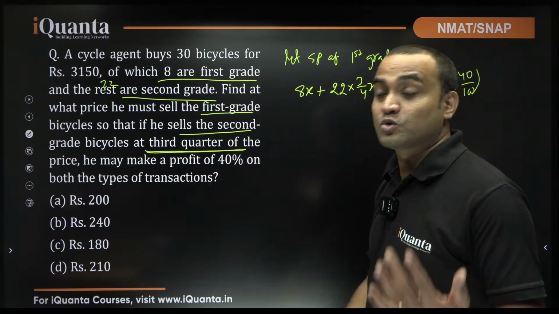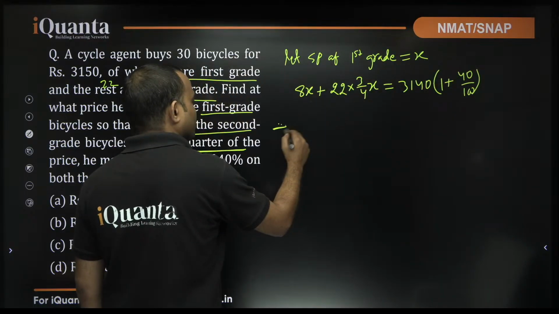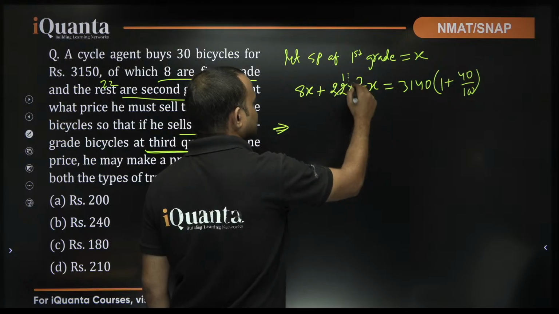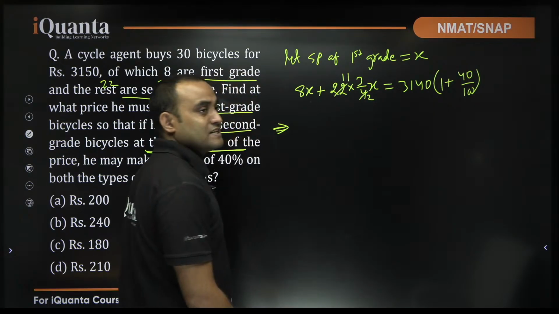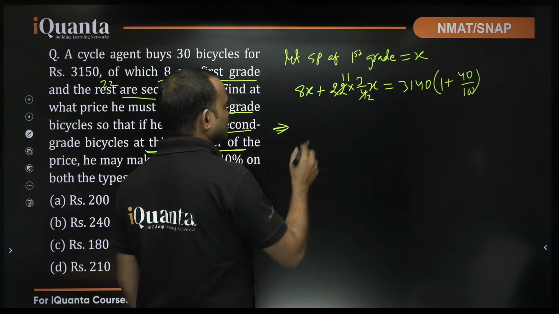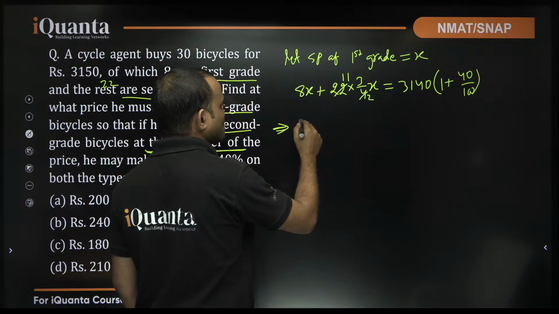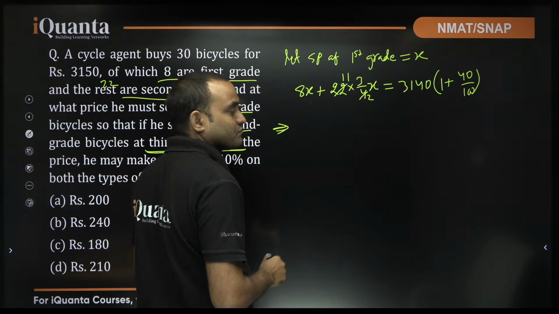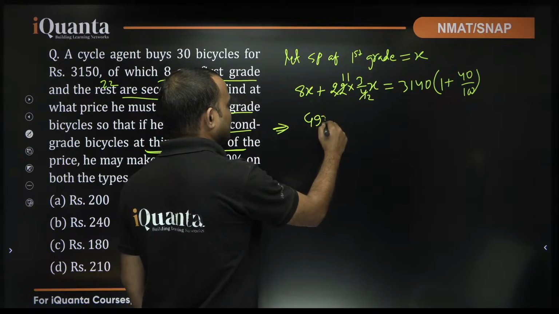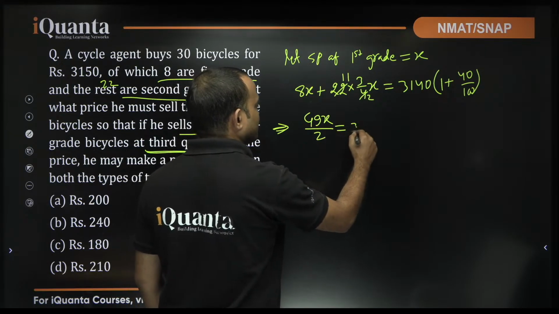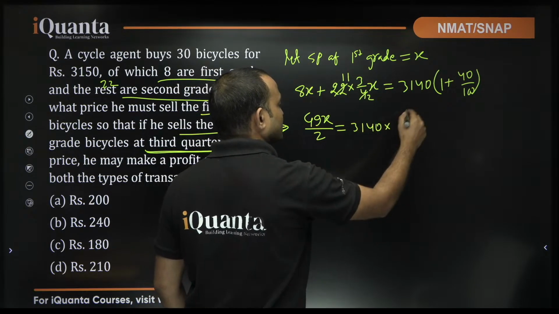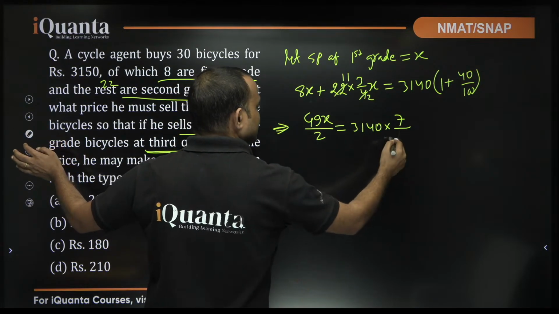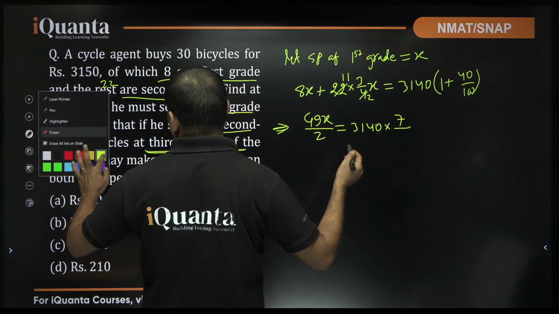This should be the total selling price. Now from there we can say 4 into 8 और इसे 11 से डिवाइड कर देते हैं तो ये 2, 16 plus 11, it will be 27. 16 plus 33, 49. So 49x upon 2 is 3150 into, ये कितना हो जाएगा 7 by 10, right? It will be 147 by 5.